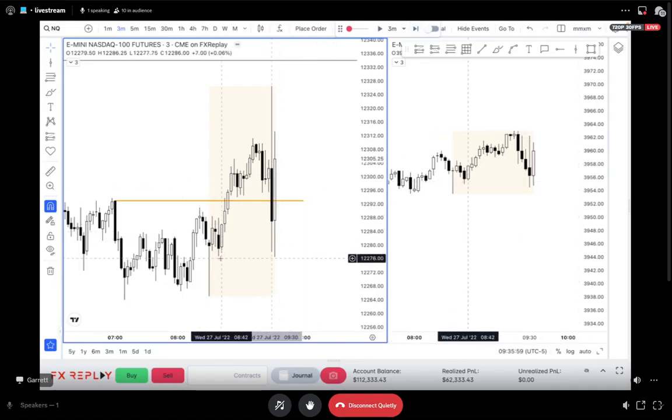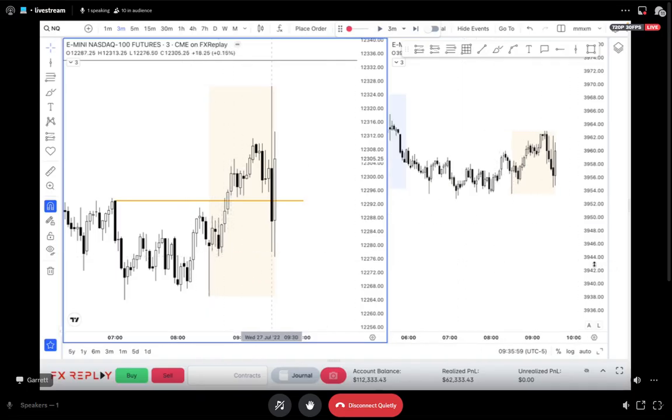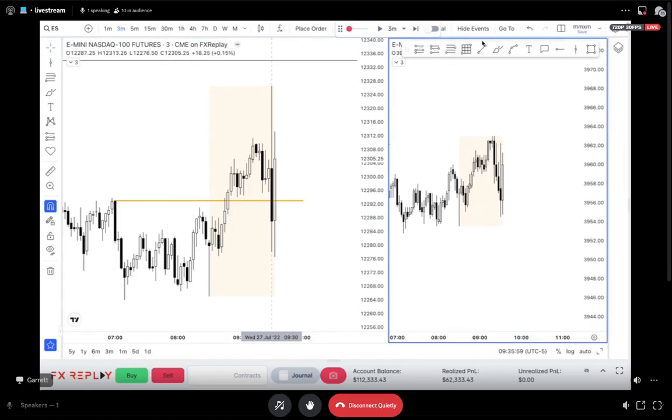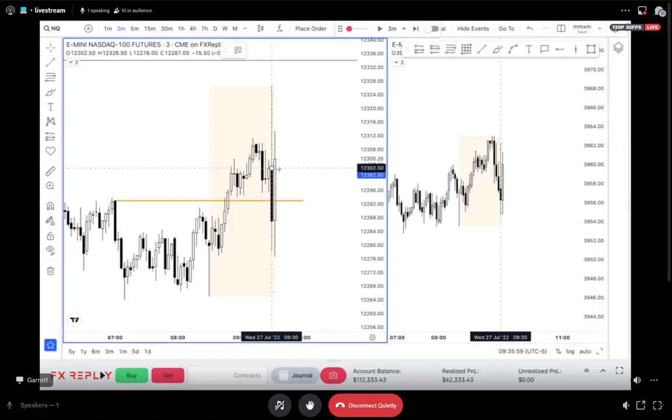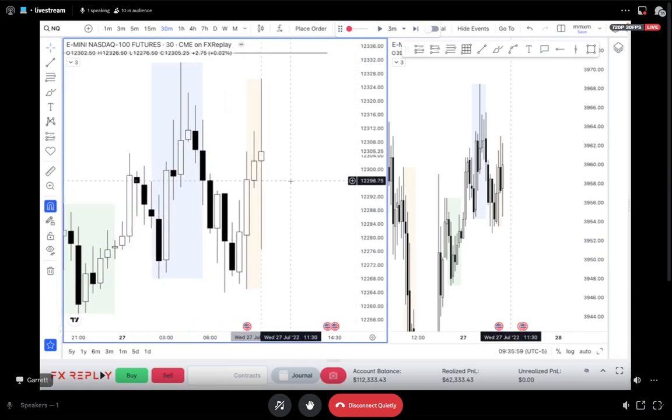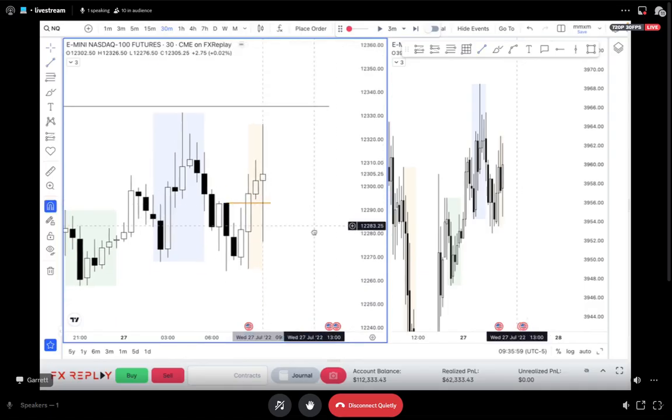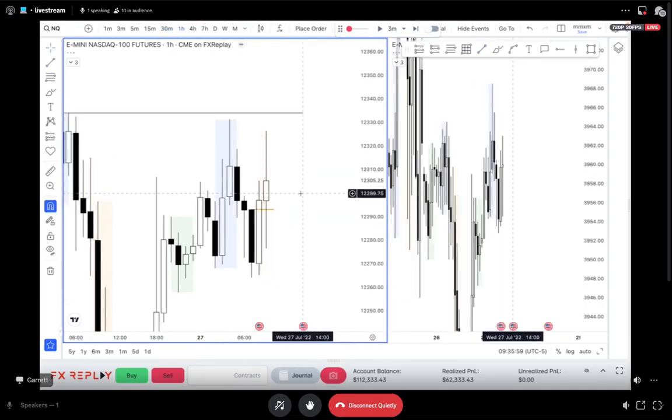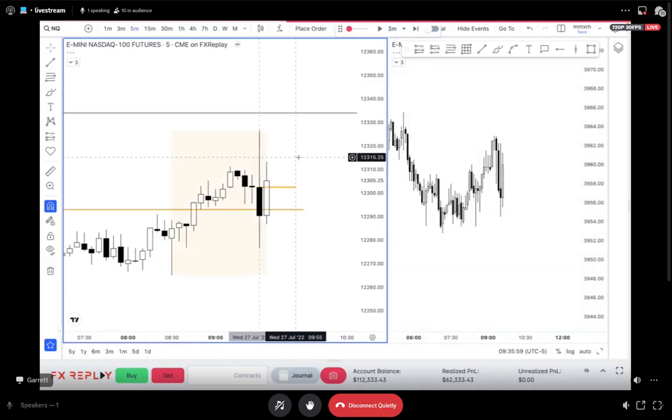Okay, so this is valid right here. We're gonna try this, guys. Here's why. So like I said, we have this, right? Now we can probably see if it's a 5-minute close.